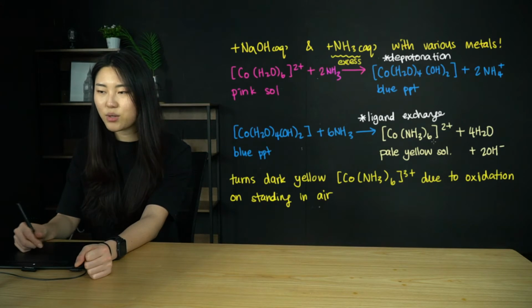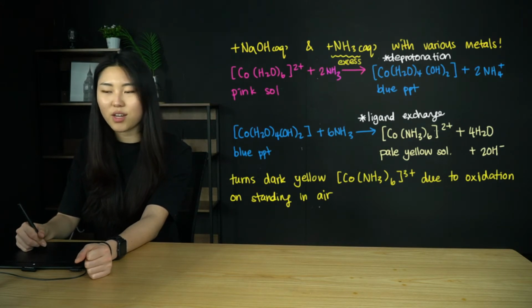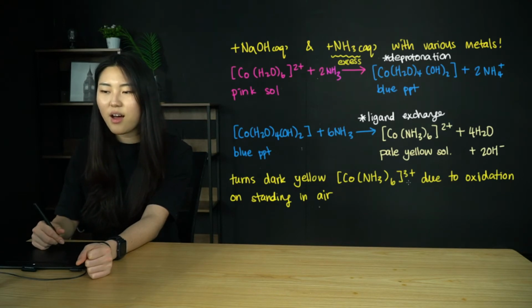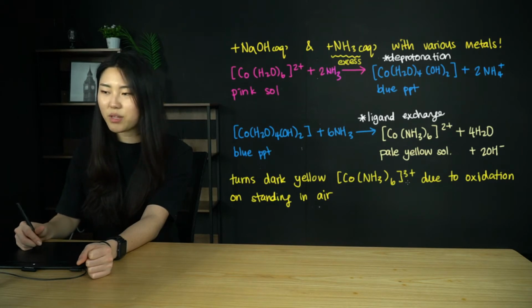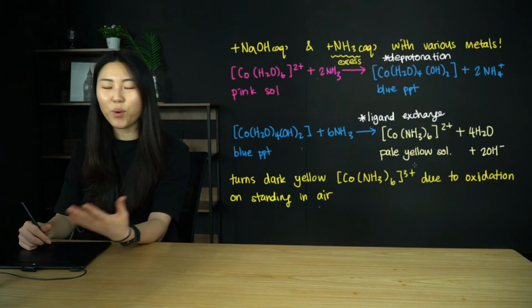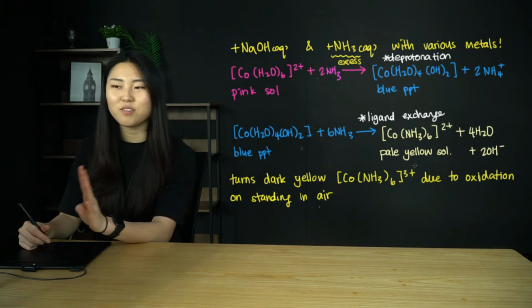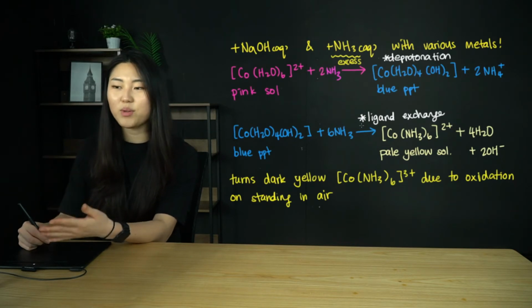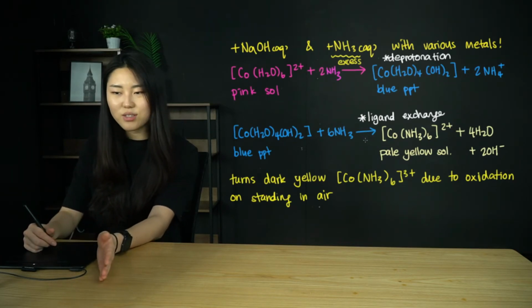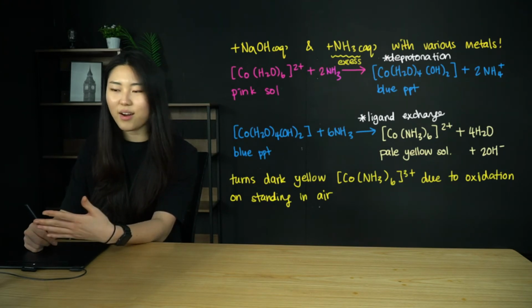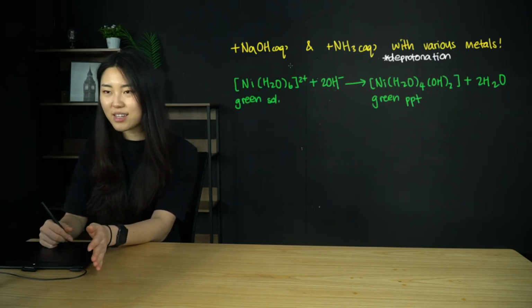And now this is going to be a pale yellow solution, and then this will become a dark yellow solution upon oxidation. So cobalt changes its oxidation state from +2 to +3 when it's standing in air. So we have 4 colors over here for cobalt: first of all, pink and blue, and then if we are adding more ammonia solution, we get a pale yellow solution, and then a dark yellow solution on standing in air, okay? Memorize those colors.